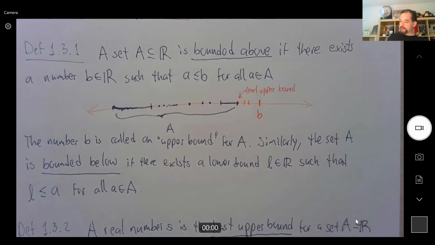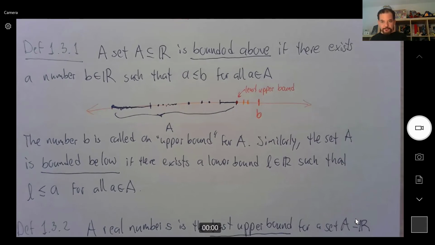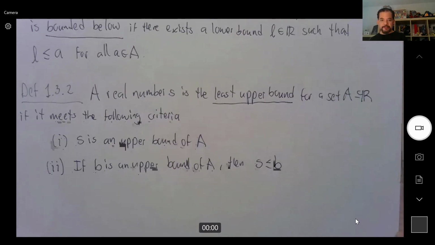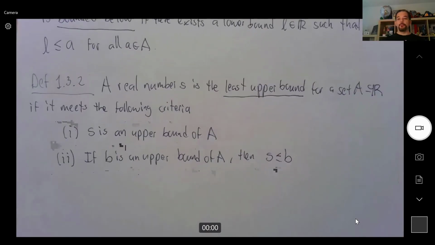Okay, so a few remarks and more explanations. First remark is that this least upper bound is a mouthful, right? So as we mathematicians usually do, we came up with a term that is just one word. So instead of saying least upper bound all the time, we call it the supremum, okay?